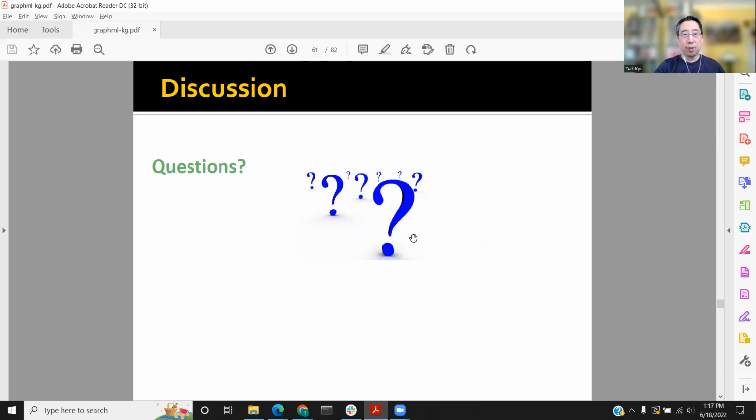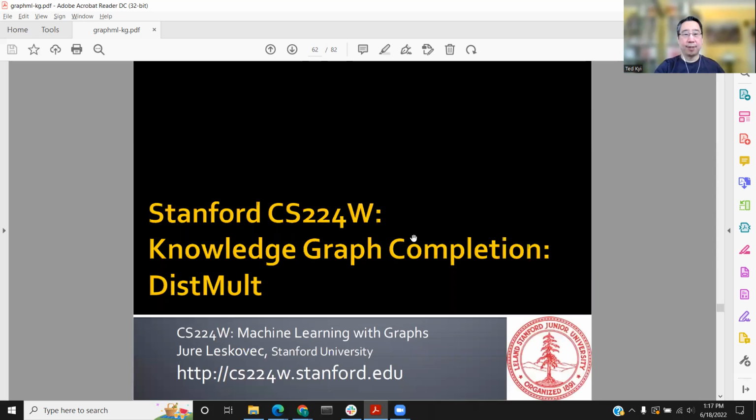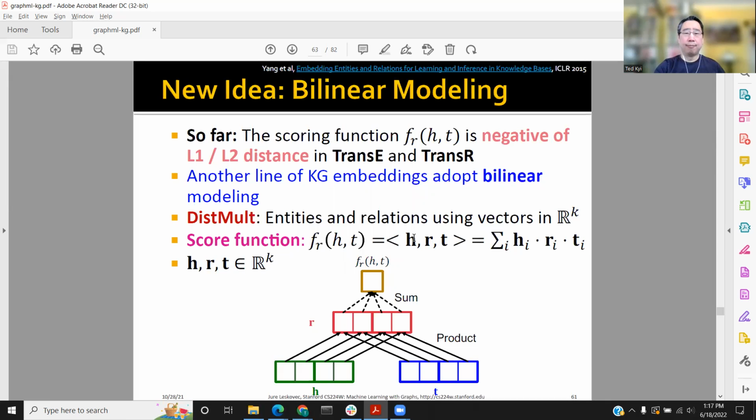Okay, so TransR was pretty similar to TransE. We're now going to get something different, the DistMult model. We've been using an L2 Euclidean kind of distance. What we're going to use now is basically like a cosine similarity, a dot product.